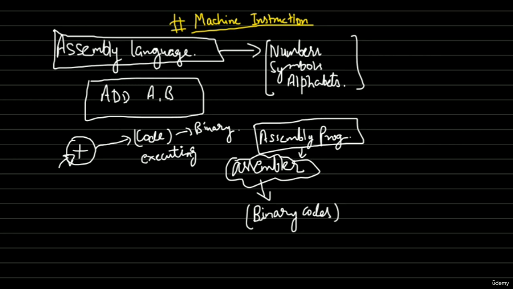I previously gave the example of the calculator, where we have 5, 2 and all the numbers written. When you press the 5, what actually happens? The code inside it converts that 5 into 101.